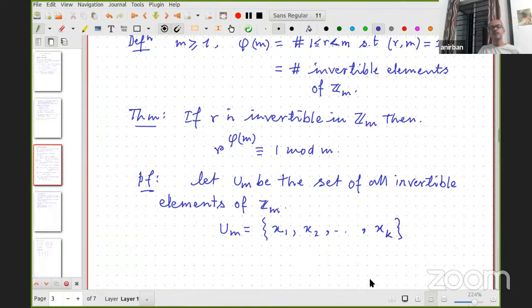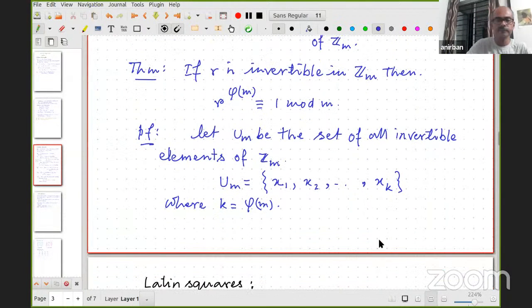Just make a list of all the invertible elements. Since the number of invertible elements is phi m, k is exactly phi of m.